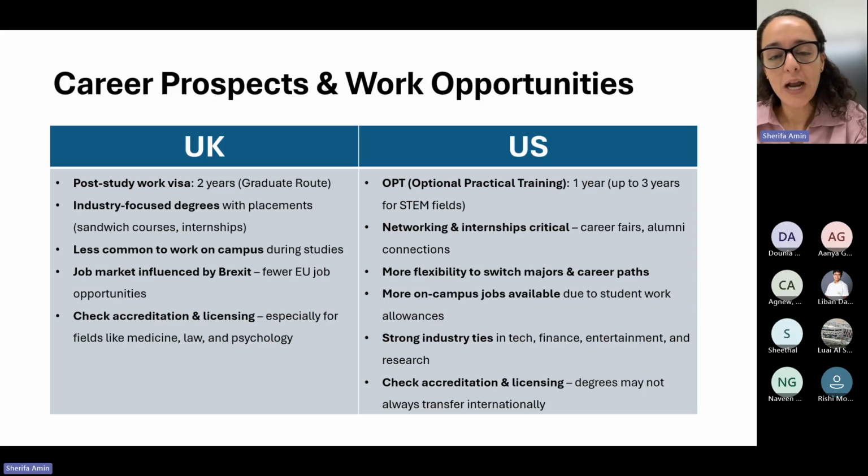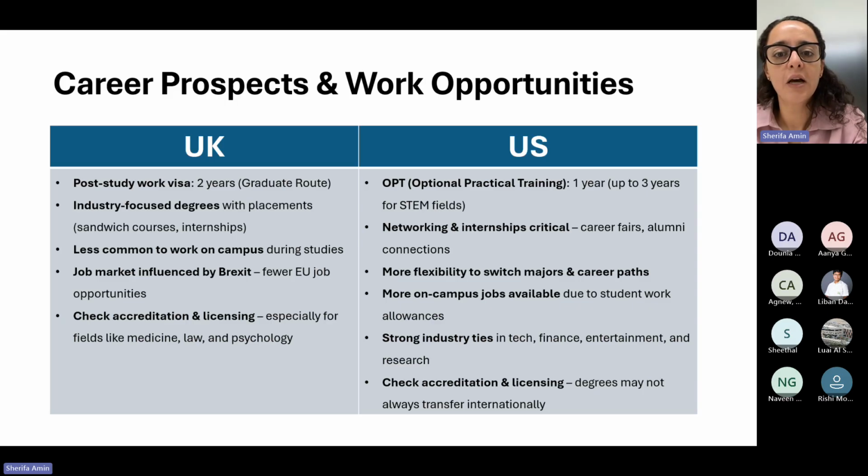As of right now, there's an OPT program in the US that allows international graduates to work for up to 12 months after completing their degree, but graduates from STEM fields, so science, technology, engineering, mathematics, can extend their OPT for up to 3 years.